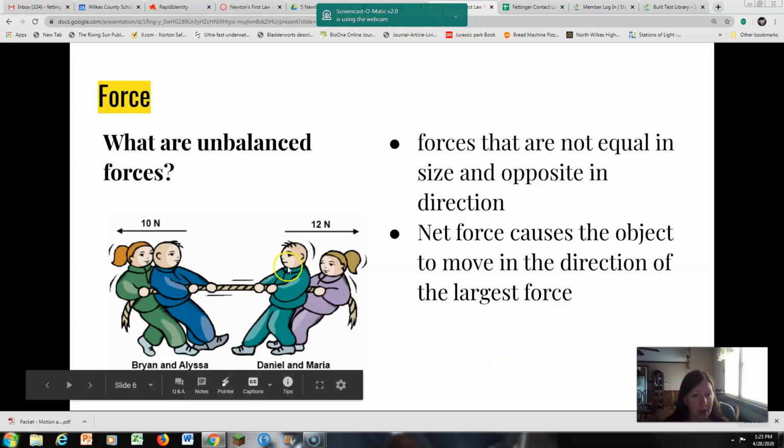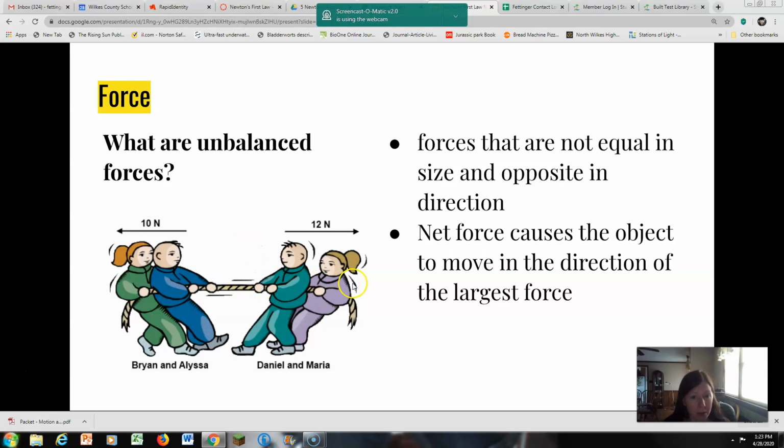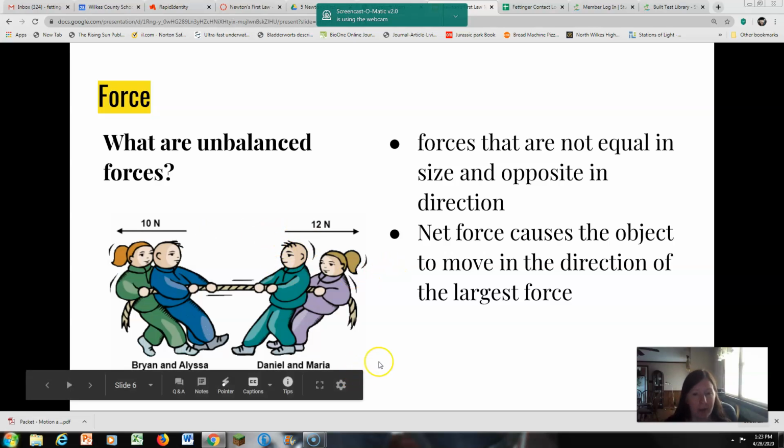So in this example, what you're going to find is the rope is going to move to the right, of course, because they're pulling with more force. And the net force in this instance is going to be 12 minus the 10. And so you're moving 2 newtons to the right. So if we're going in the same direction, we're adding. But if we're going in different directions, we're subtracting.